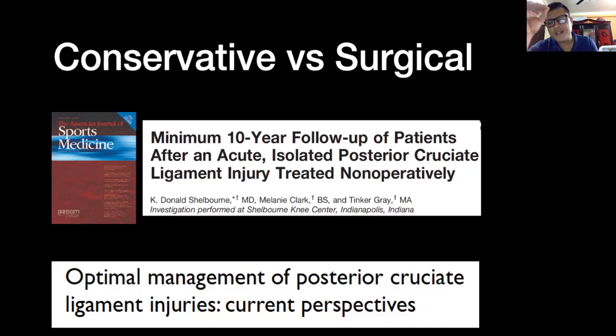Sir, what is your definition of an isolated tear? How do you label the patient as having an isolated tear? How will you diagnose an isolated tear of the PCL, with the help of MRI or clinical examination?